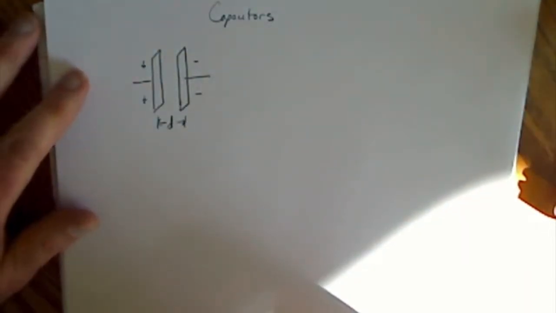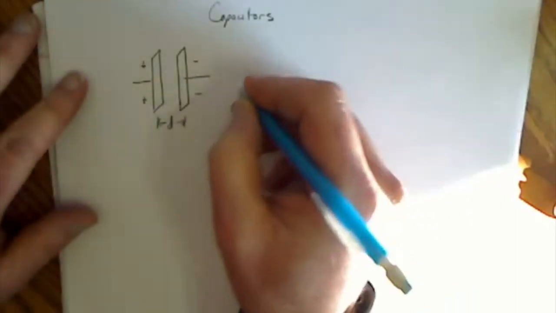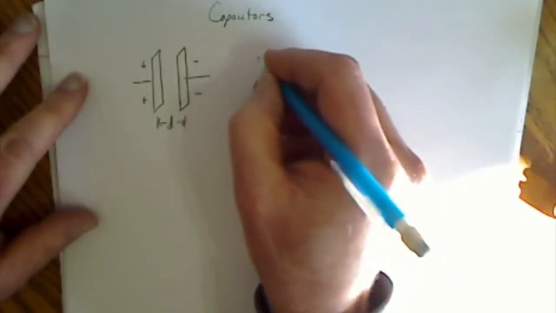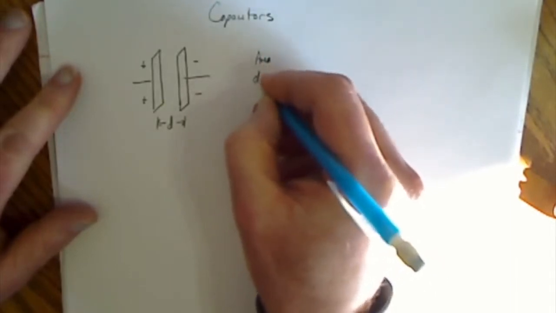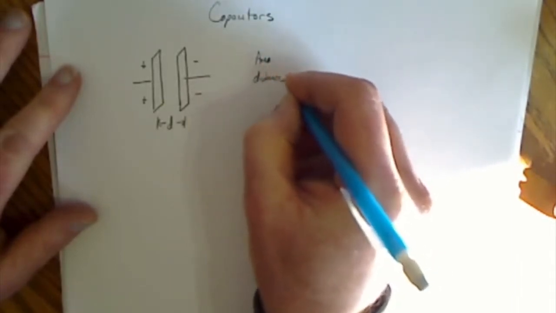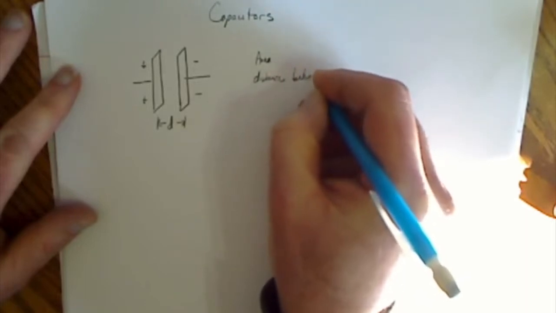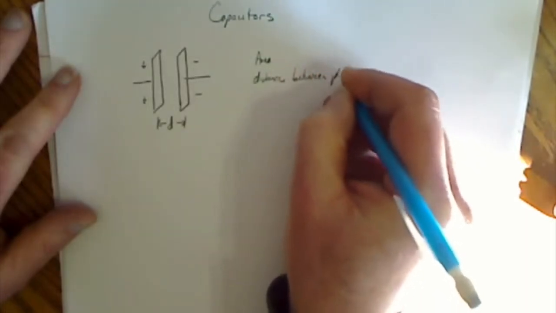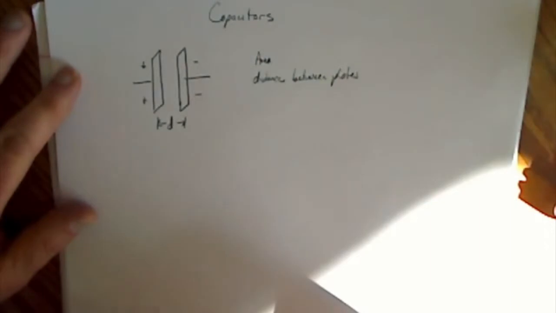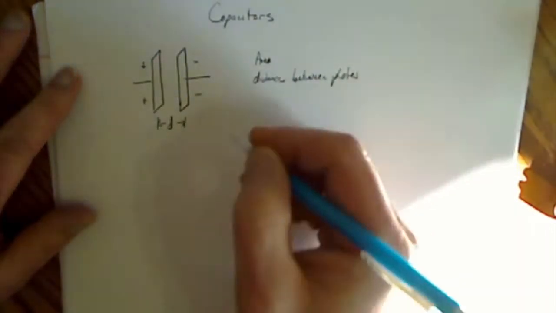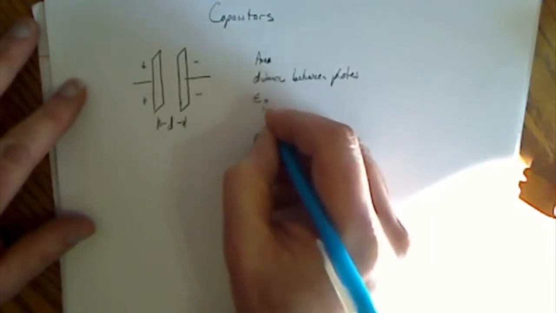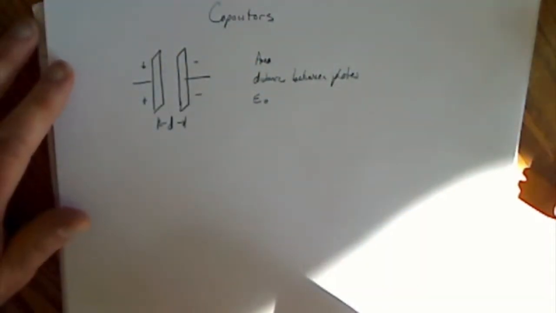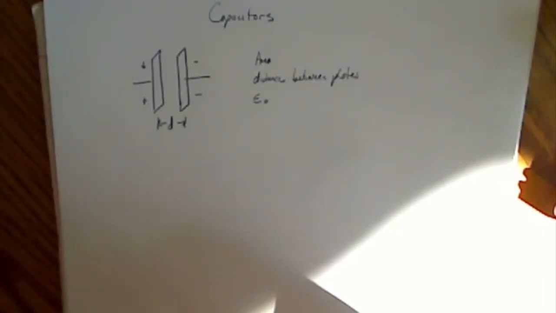And based upon the area of the plates, the distance between the plates, and a constant, we're able to figure out what the capacitance is, how much charge they're going to be able to store.